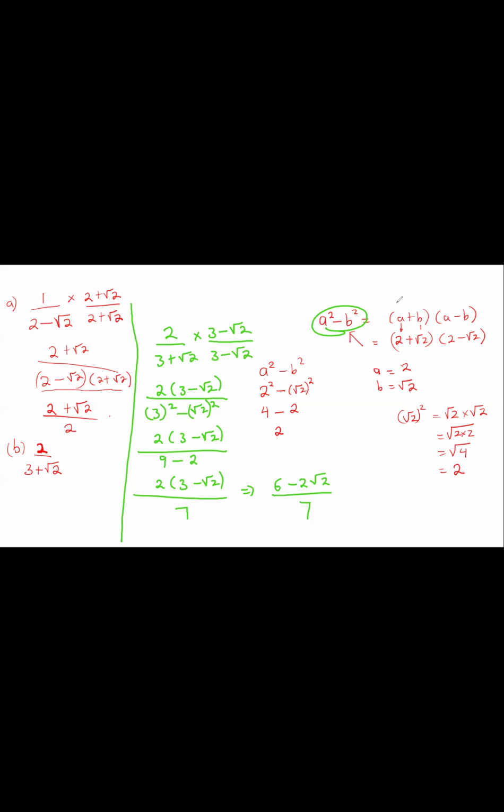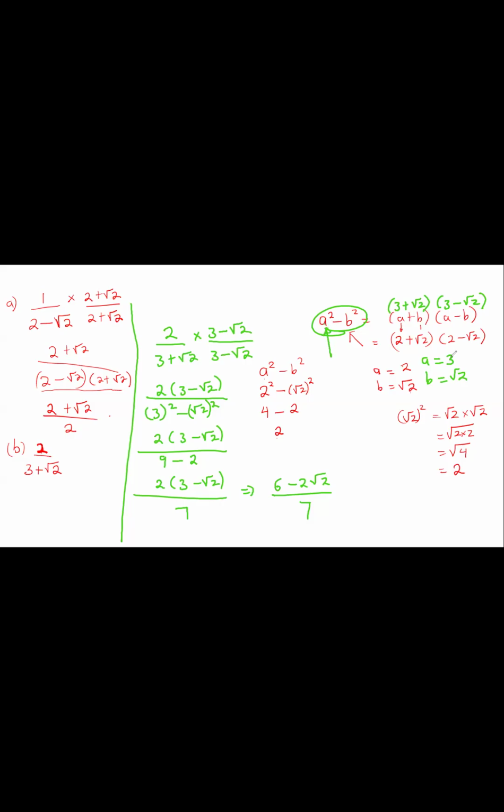Now, that one, Daniela, it is coming from here. This is 3 plus root of 2. Are you seeing? And this is 3 minus root of 2, difference of 2 squares. So for here, your A is 3. Your B is root of 2. Is that okay? Yes.